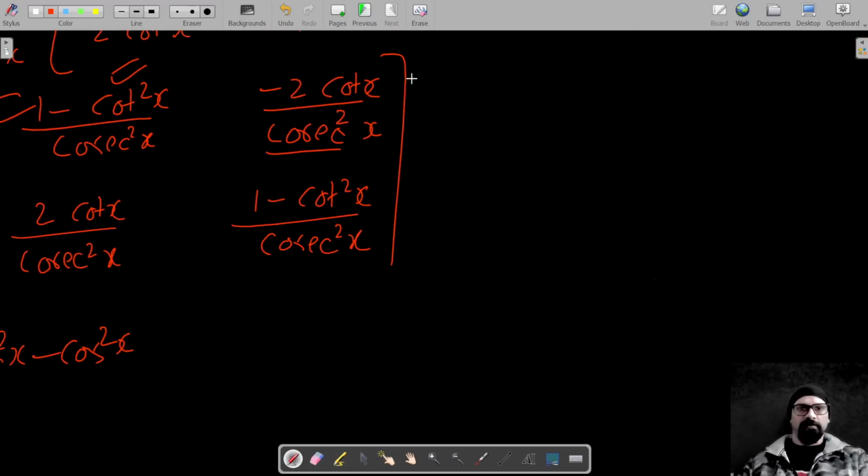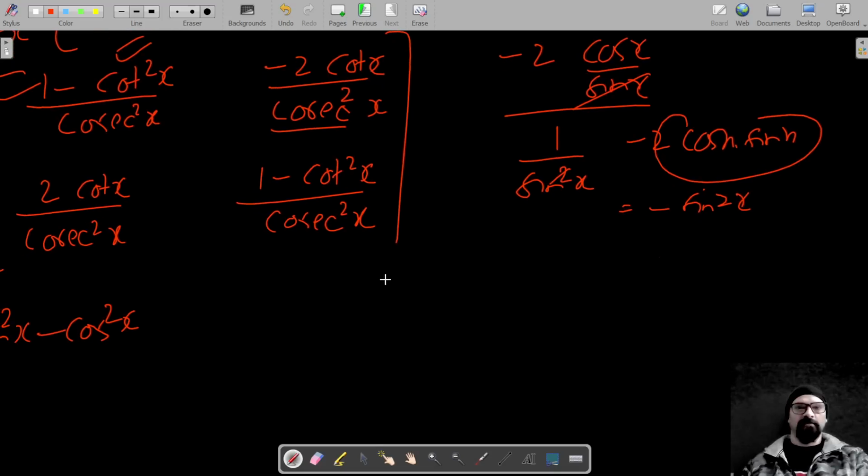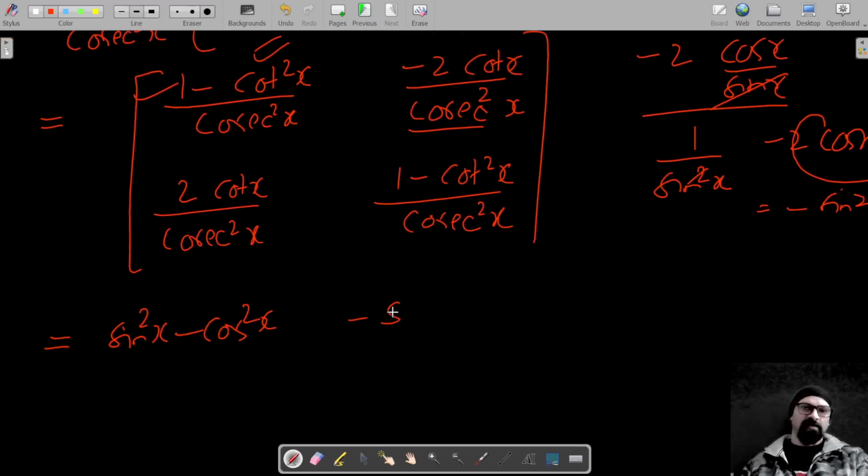And this, let's try to simplify this. The second term, so this one is minus 2 cot, cot is cos by sine x. Cosecant square is 1 by sine square x. So this is now equal to 2 cos x into sine x, which is equal to negative of sine 2x, because 2 cos x into sine x is sine 2x. So this is negative sine of 2x.